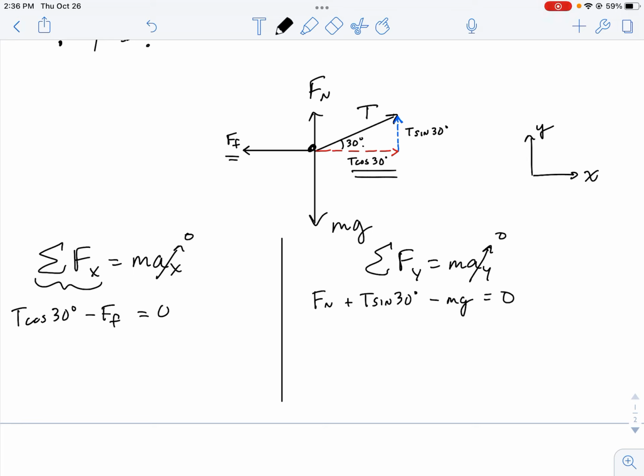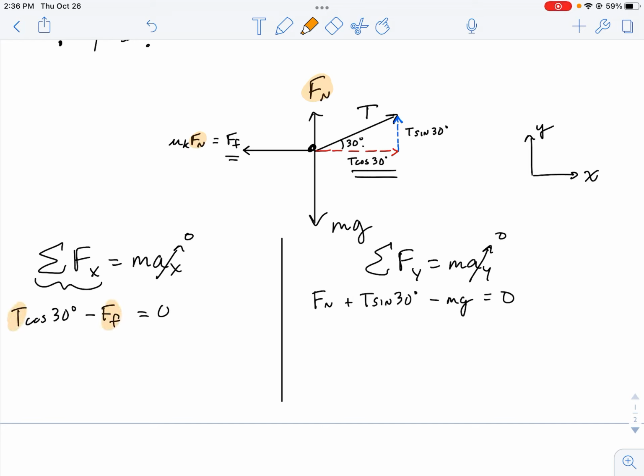We know another thing. We know the friction force is equal to mu k times Fn. So if we solve for Fn, we can plug it in and then multiply by mu sub k to find Ff. We can't solve the equation on the left because we don't know T and we don't know Ff.